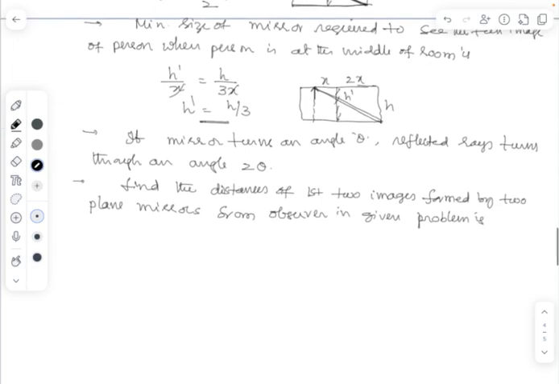In the given problem, this is one plane mirror and this is another plane mirror. The distance between the two plane mirrors is 8 meter. This is the object. This is the observer.